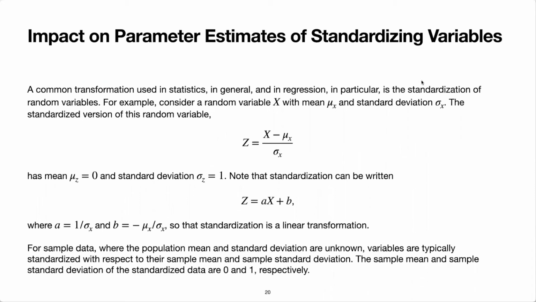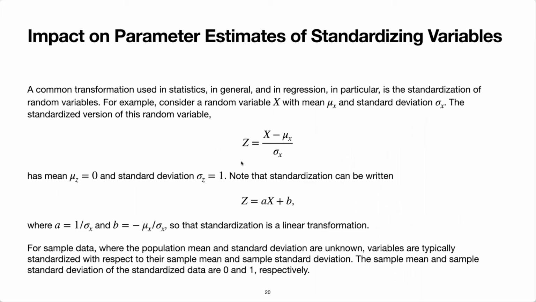Now, a common transformation used in statistics in general, and in regression in particular, is the standardization of random variables. For example, consider the random variable x with mean mu sub x and standard deviation sigma sub x. The standardized version of this random variable, denoted by z, is equal to x minus its mean mu sub x, and that difference divided by its standard deviation, sigma sub x.